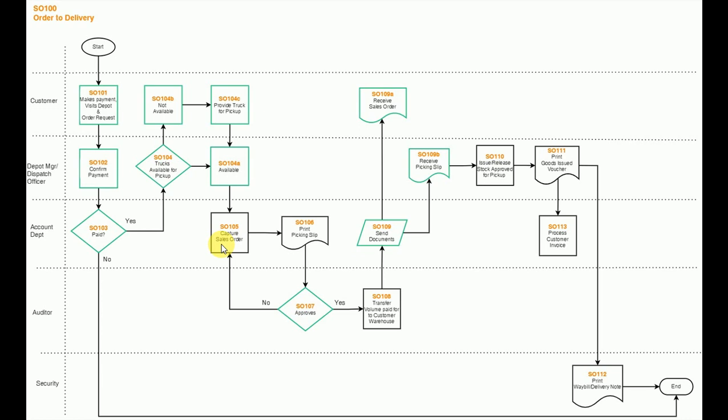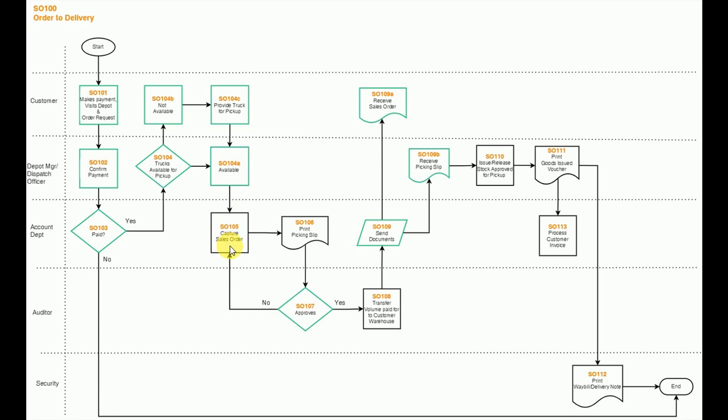So let's look at an example. This particular customer has paid for, let's say, 33,000 liters. And based on the truck he brought, he can only pick up 10,000 liters.